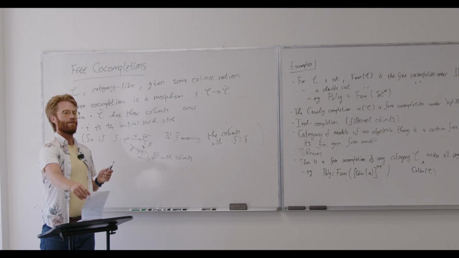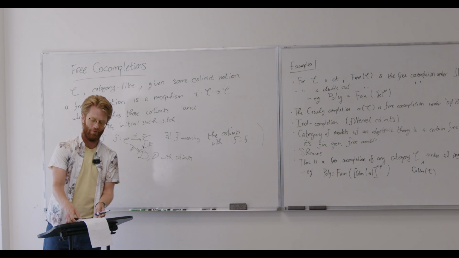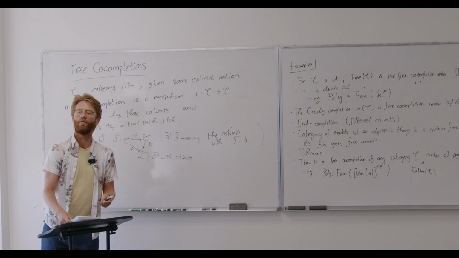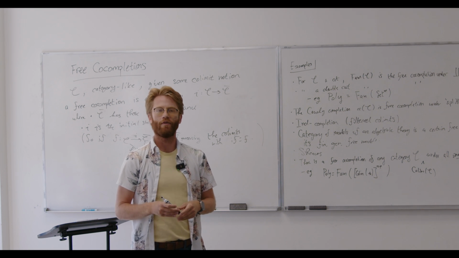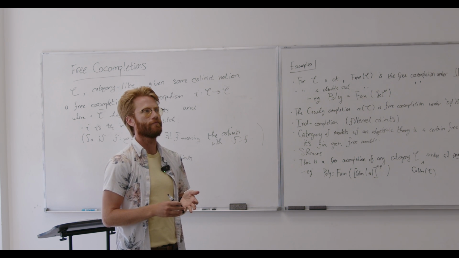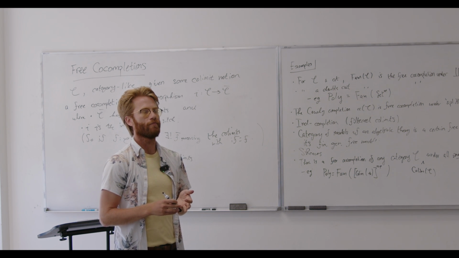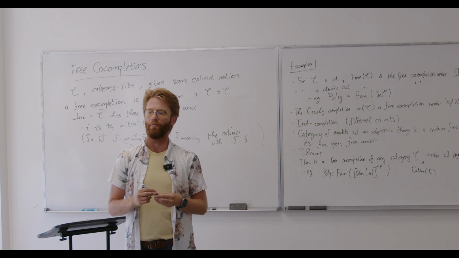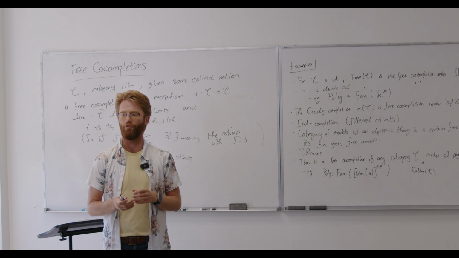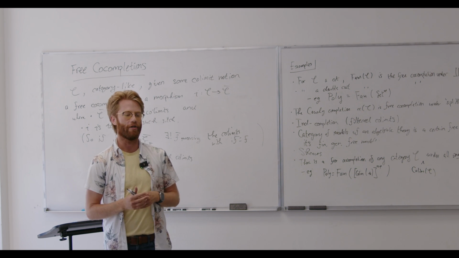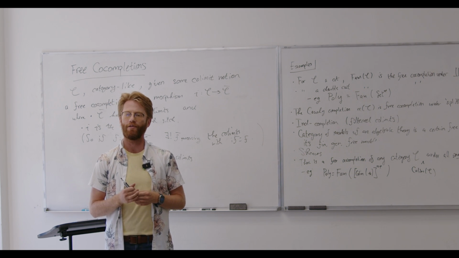Okay. Yes? Is there a reason to emphasize that set is the free colimit completion versus the free coproduct completion of the point? Does it matter which perspective you take? I guess just because I'm going to talk about general colimit completions now. There's this weird coincidence that set is both the free coproduct completion and the free colimit completion of a point, but usually those won't be the same thing.